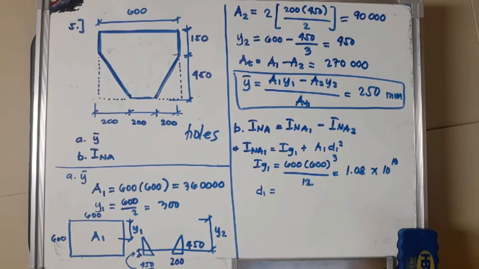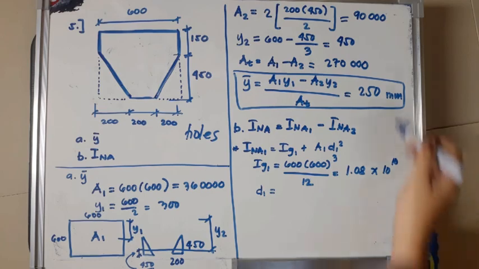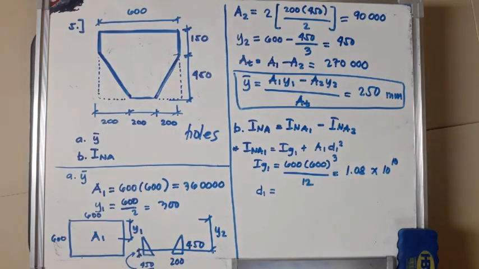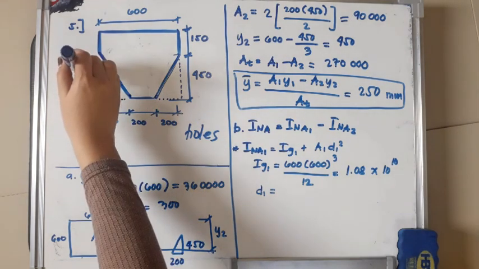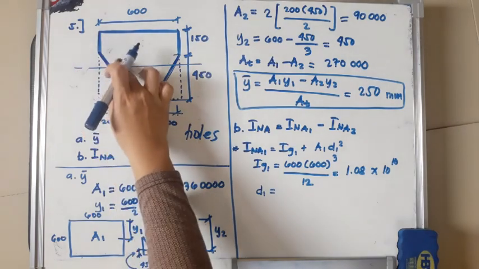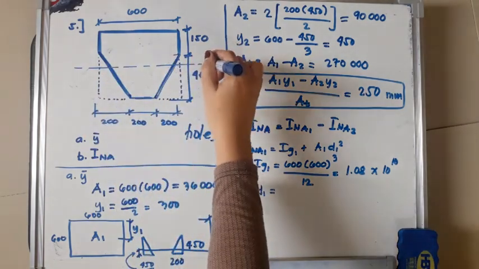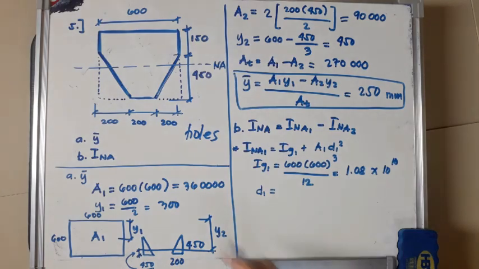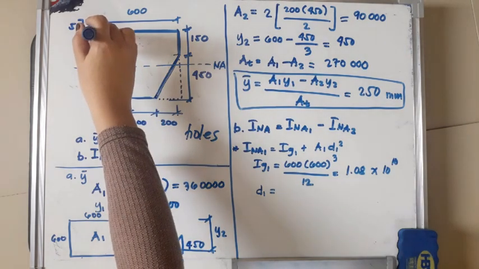So the neutral axis is located 250 millimeters below the top of the section. So this is our neutral axis. Okay, this is our neutral axis.